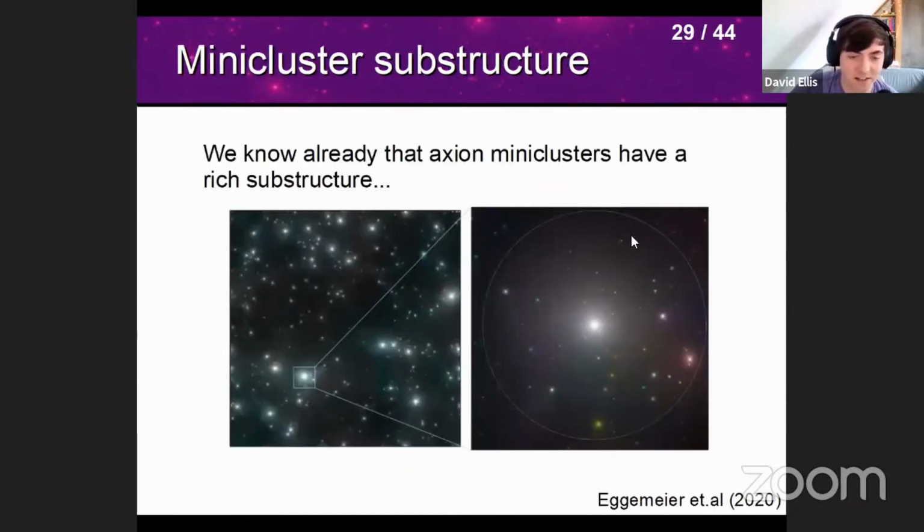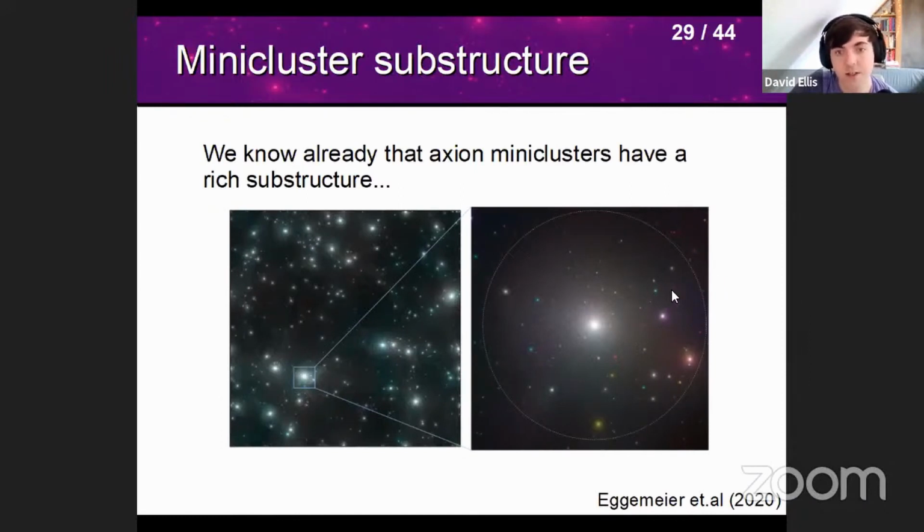And that's the fact that, and this is the third time we've seen this particular image today, from Benedikt Eggemeier and others, we know that axion miniclusters have a very dense, very rich substructure. So in this right-hand plot here, we can see that this one rather large axion minicluster is populated with very many smaller objects, which are formed from these rare high-density minicluster seeds that we saw earlier.